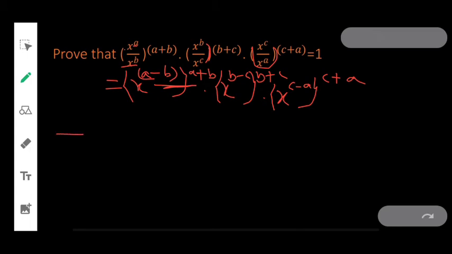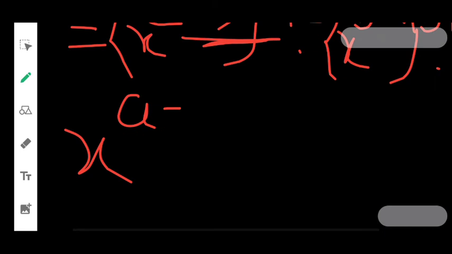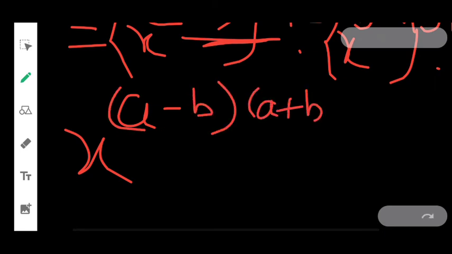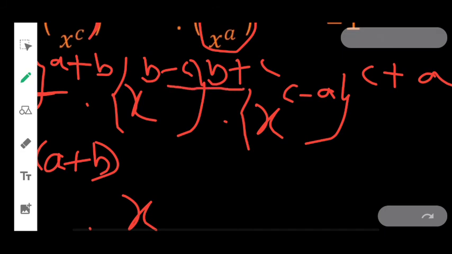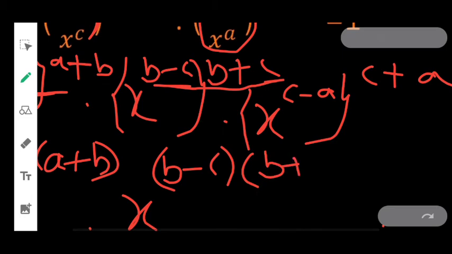So this is equal to x to the power a minus b into a plus b, into x to the power b plus c into b minus c, into b plus c will get multiplied, so x to the power b minus c into b plus c.